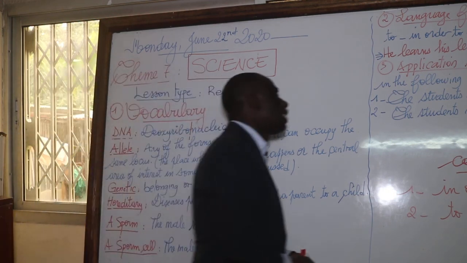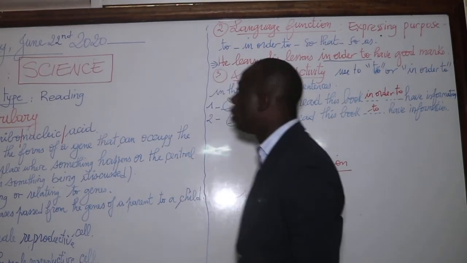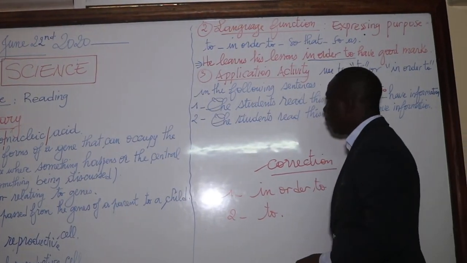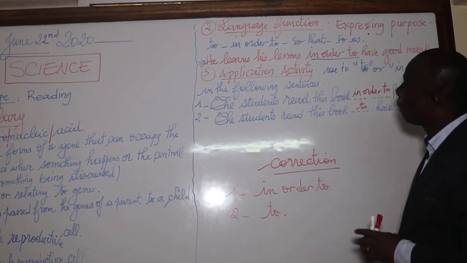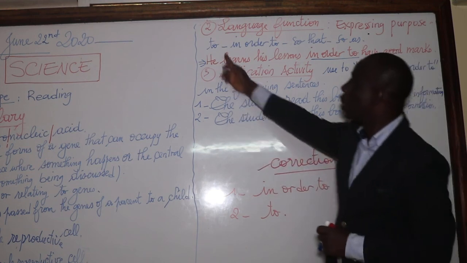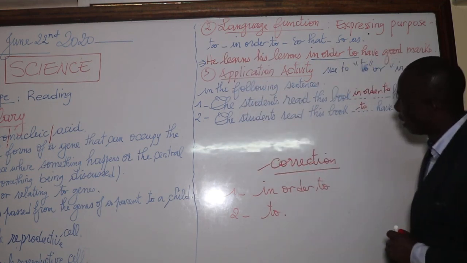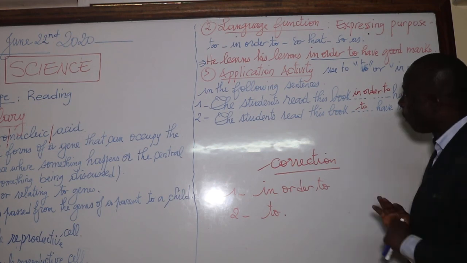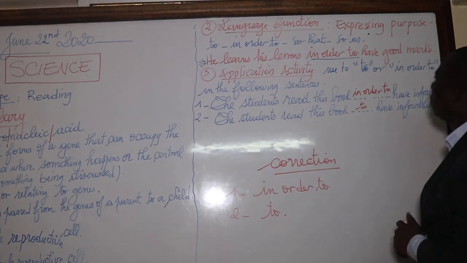Now, for the last time, I return to the language function, expressing purpose. It's the last time, so follow carefully. To express purpose, it's very important to use to, in order to, so that, or so as. As an example here, things are very clear. He learns his lesson in order to have good marks.